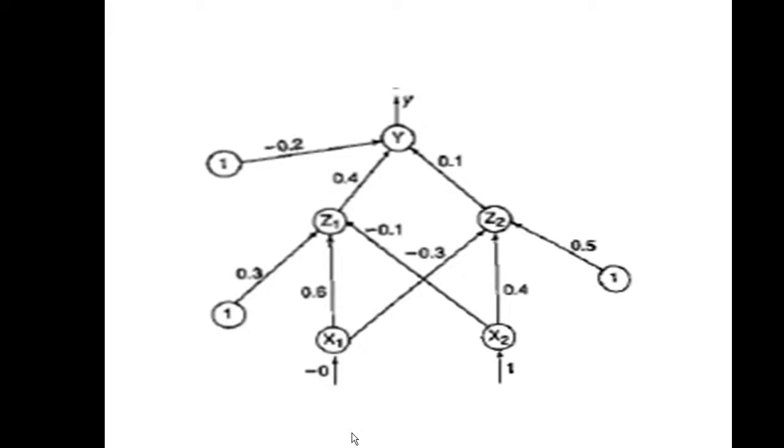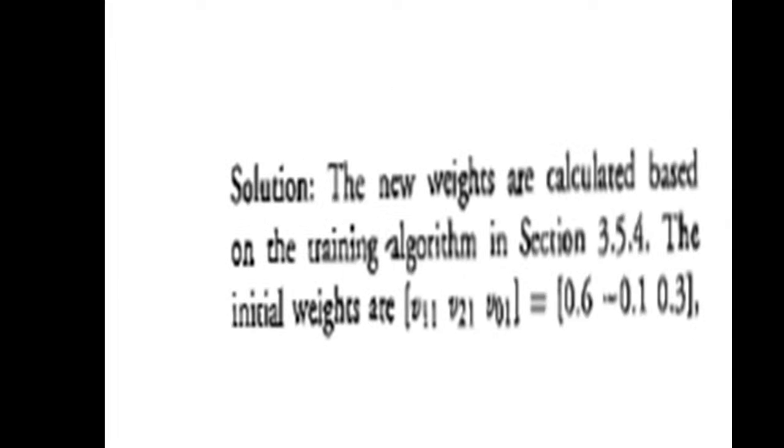Step by step we are going to solve this. Here, the new weights are calculated based on the training algorithm. There is one algorithm which we will discuss, and once we solve this particular problem, it will become much easier. The initial weights which are given are 0.6, minus 0.1 and 0.3.